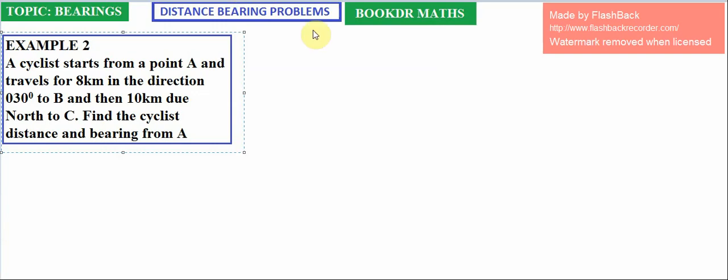Okay, let's look at how this will be tackled. First, we'll locate our point A. The cyclist traveled on a bearing of 030 degrees, that is from the North, 030 degrees, and for a distance of, sorry, 8 kilometers.